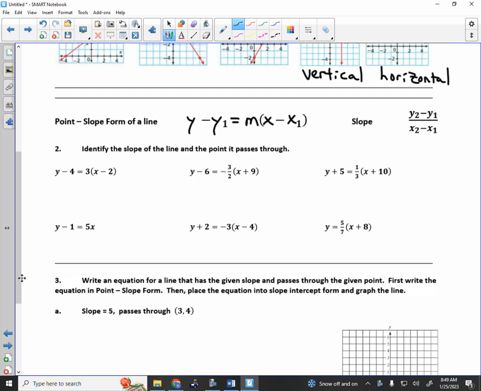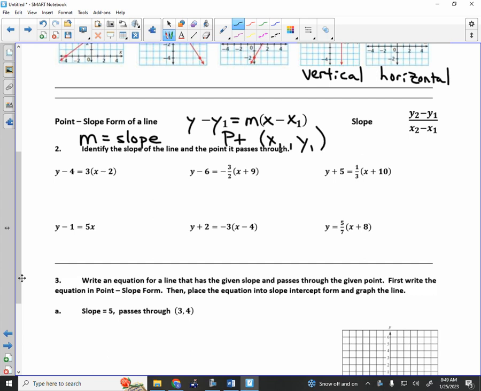So this is point slope form of a line, and what it tells us is that the slope is m, just like we thought. The point that it passes through is x sub 1, whatever x value sits there, and then y sub 1, whatever value sits there.